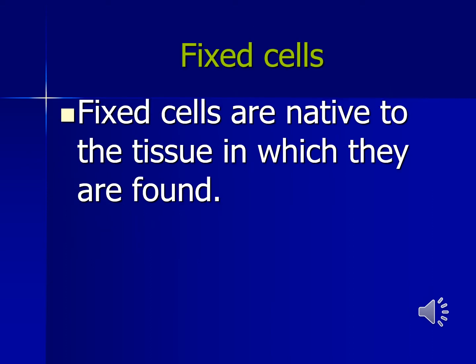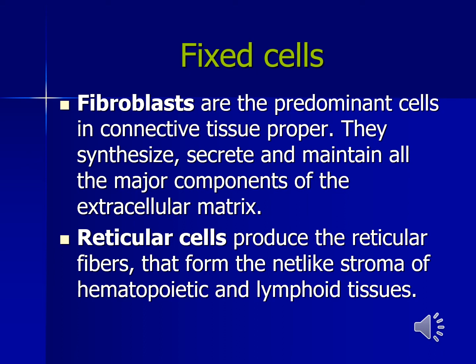Fixed cells are cells which form the connective tissue and stay, not wandering, not migrating, staying in one place, and provide formation of connective tissue elements, extracellular substance. Fixed cells include the main cells of connective tissue, fibroblasts, and all groups of fibroblasts.